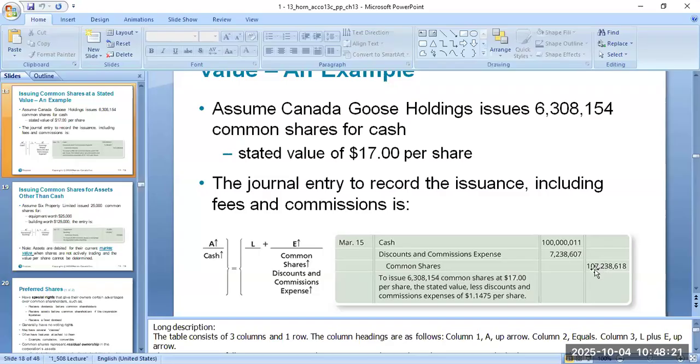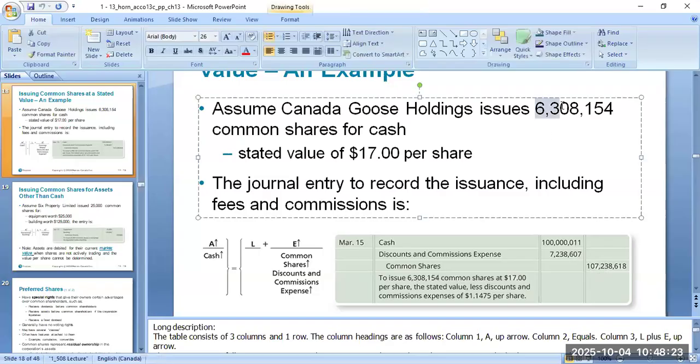But the value of the common shares will be the number of issued shares times the stated value per share. Are they going to get exactly the same cash? As you can see in this case, no. They're going to get less cash because they have expenses to issue the shares.